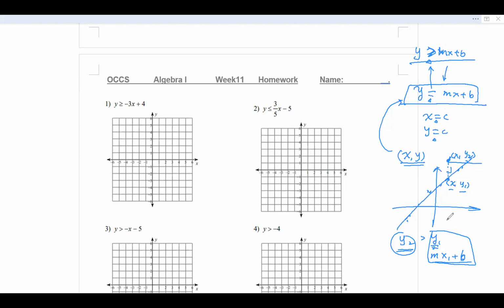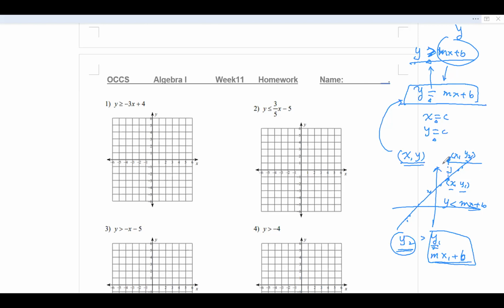The dot below this one means y is less than mx plus b, right? So the idea is the relationship of a dot to this line. Here we can describe another line, right? This is a dot, this is a line, so the relationship of the dot to the line.